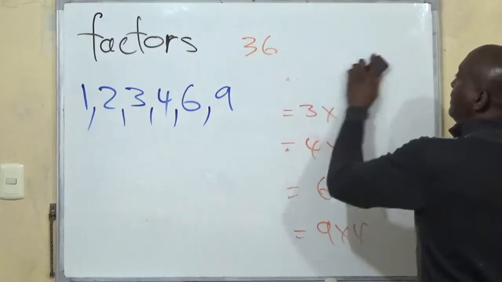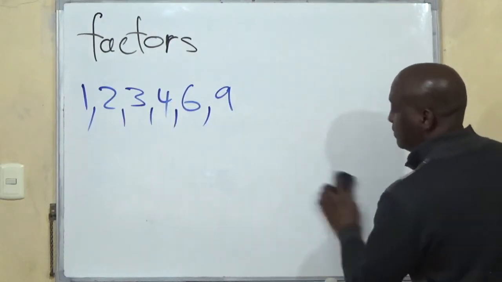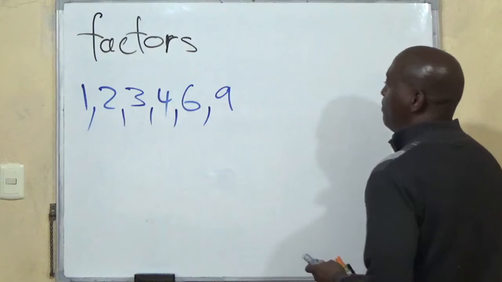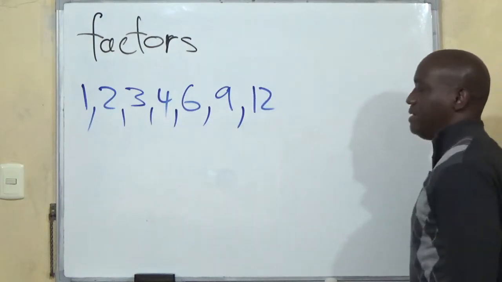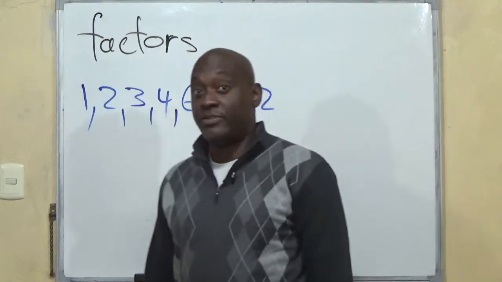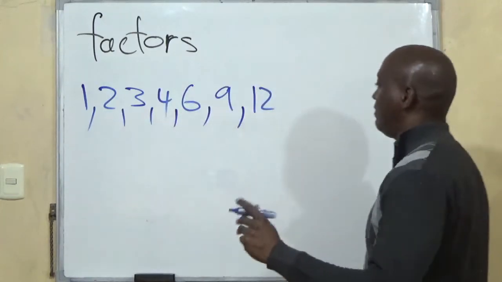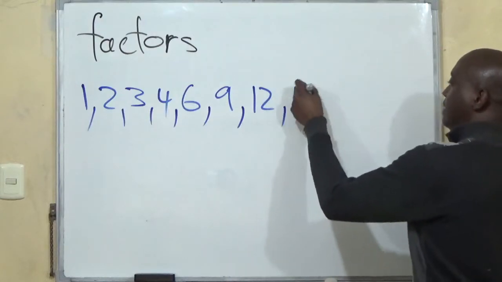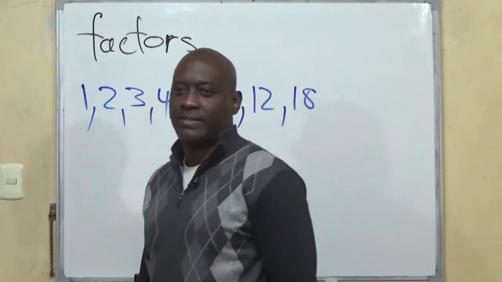All right. Let me see, 9, 10, 11, 12. 12, we established that 12 by 3 is 36. 12, 13, 14, 15, 16, 17, 18. We established that 18 is a factor of 36.